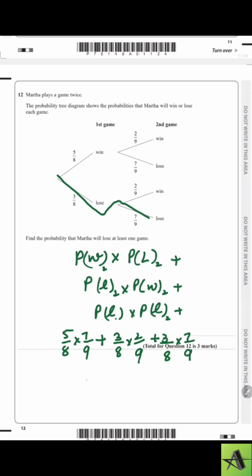So this will be 35/72 plus 6/72 plus 21/72. Adding all up, you'll get 62/72.